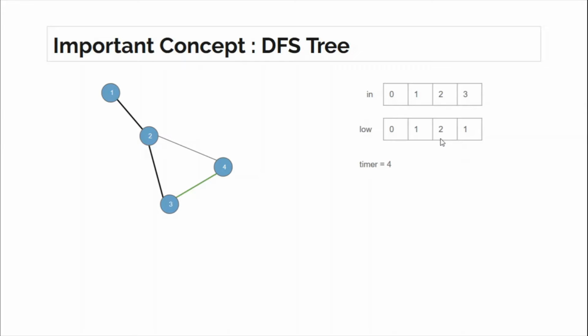So low time of node 3 is currently 2, which is itself, and since low time of node 4 is 1, node 3 would update its low time from node 4, because node 3 can reach node 4, so node 3 can reach as low as node 4 can reach. So that is why node 3 also would update its low time.